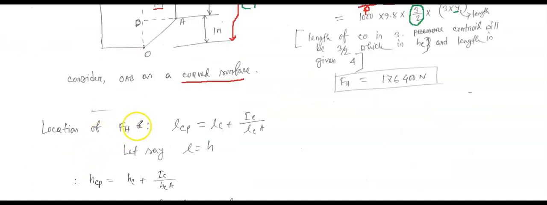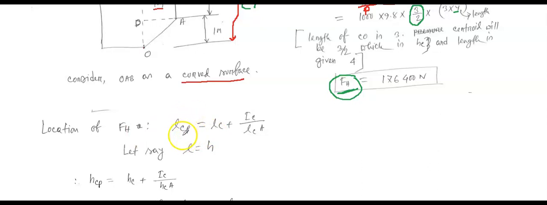Once we have done with this horizontal force calculation, let's calculate the location. This is important: we need to calculate the location of this horizontal force. I believe you know this formula; you have all the derivations in your course note.